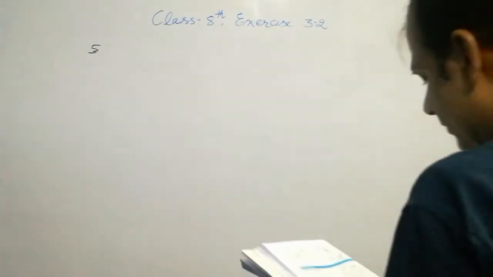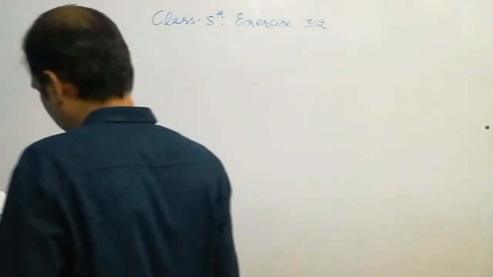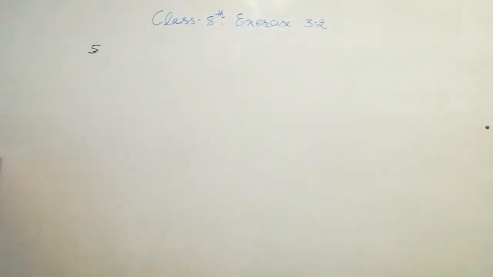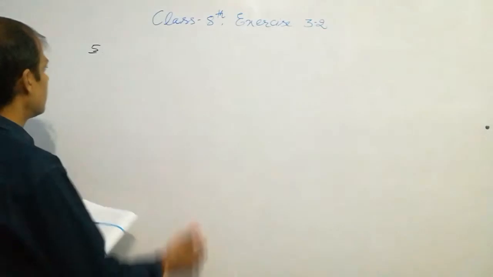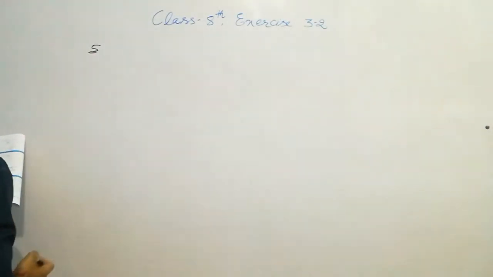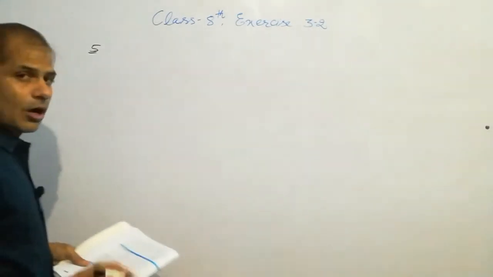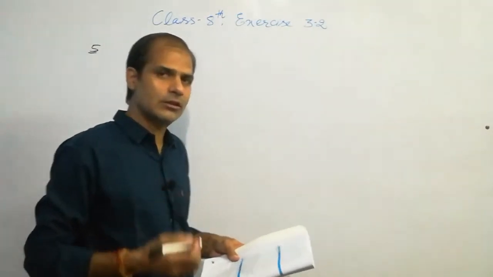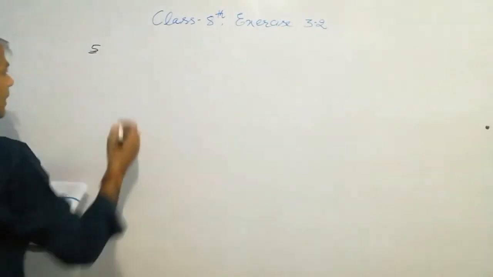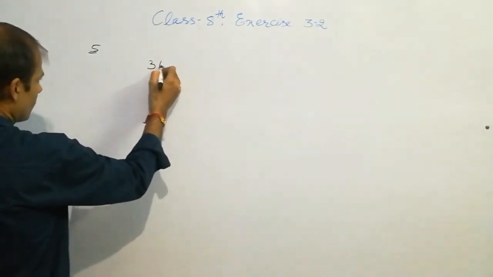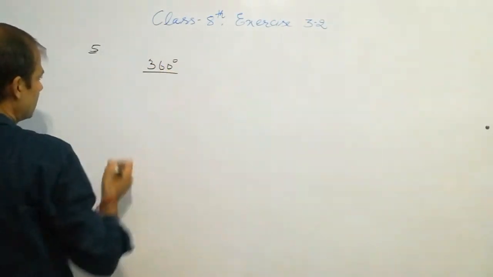Now question number 5: is it possible to have a regular polygon with measurement of its exterior angle as 22 degree? Very important question. So we have to just check it. How should we check? What is the right method? If I am doing rough work, do not write it.